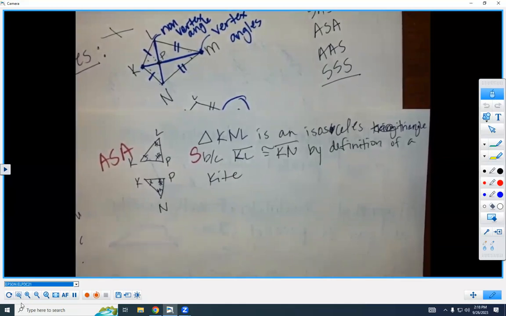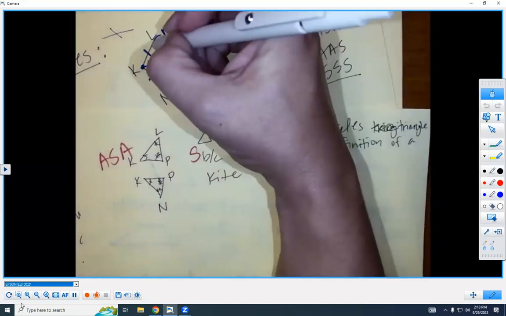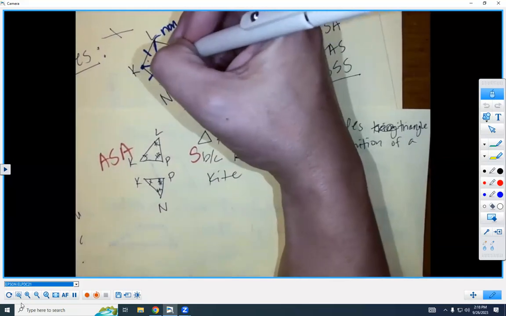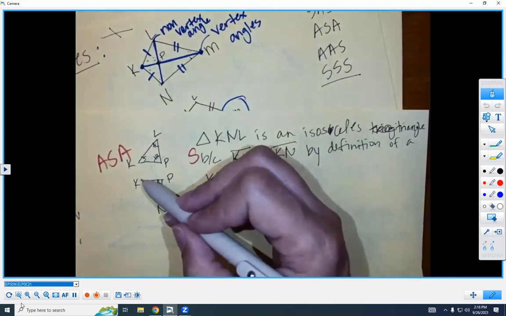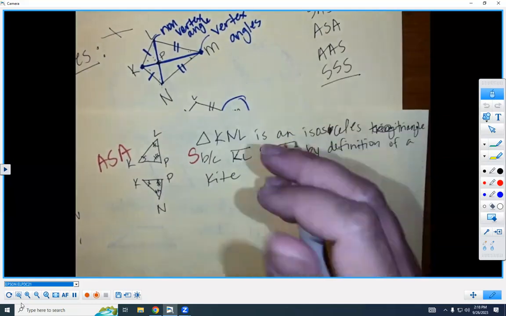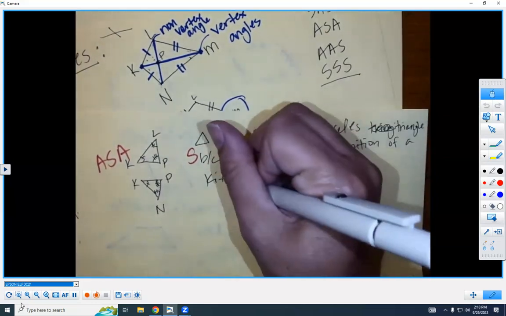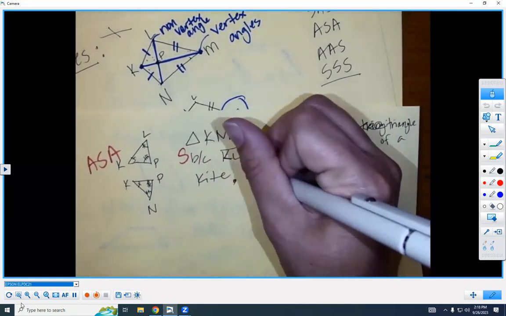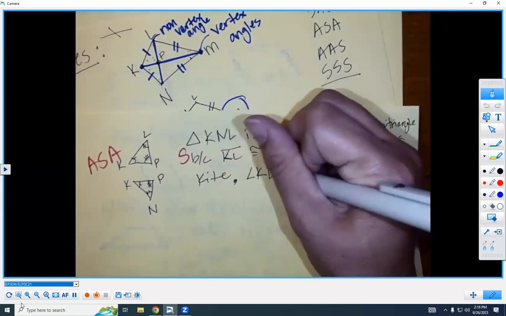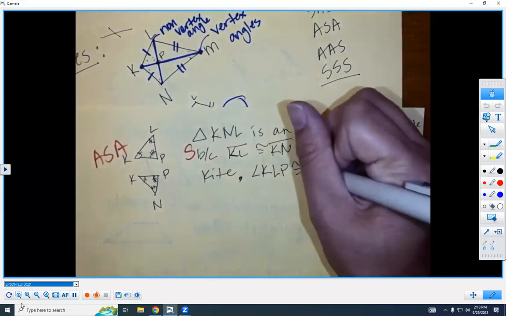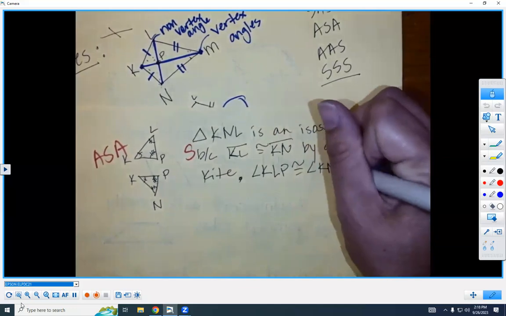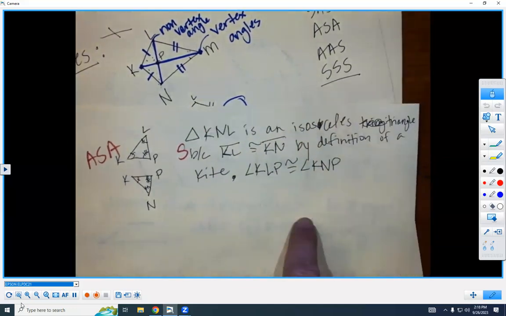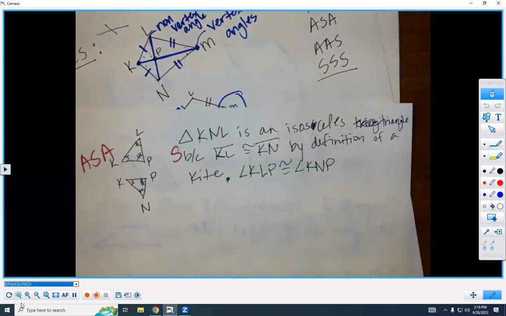So now I need to show this angle KLP is congruent to angle KNP. Okay, so now I can say angle KLP is congruent to angle KNP. And this would give you my other angle part. By what?